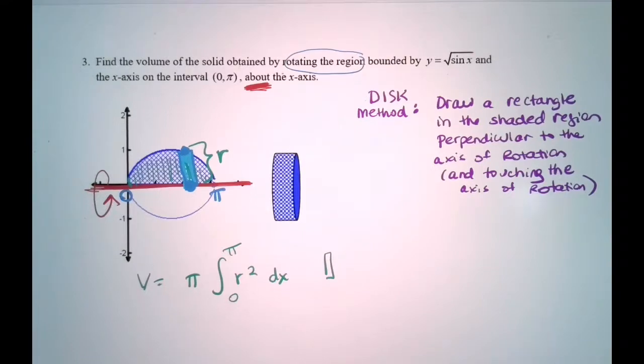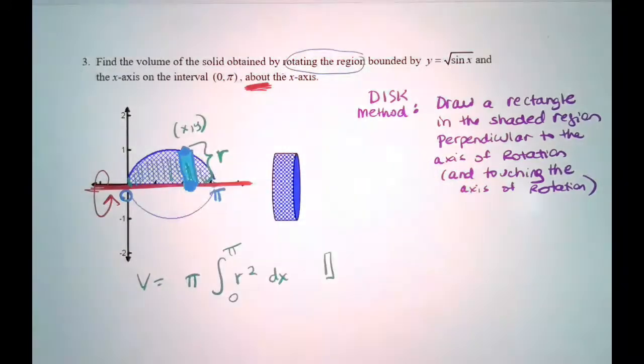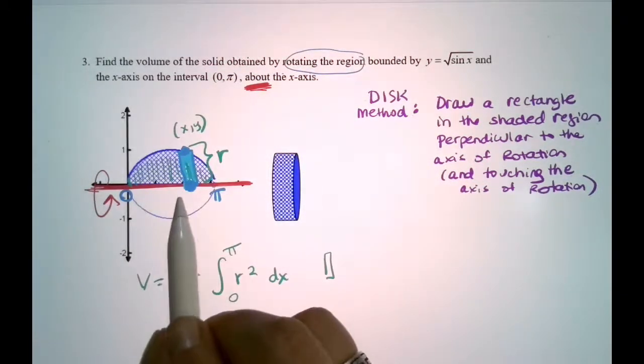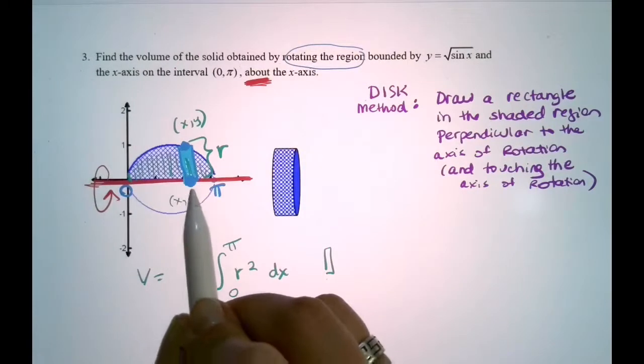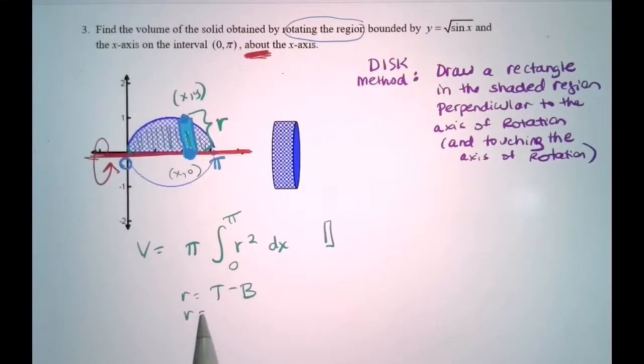And so I'm going to fill in the pieces here for that r. Let's think. This ordered pair at the top is any random ordered pair, x comma y. But this ordered pair at the bottom, well, x could be anything, but your y coordinate is 0. You're on the x-axis here. So if I want to describe the value of r, what's the length of that rectangle? It's basically top minus bottom, which I'm going to write as y minus 0.